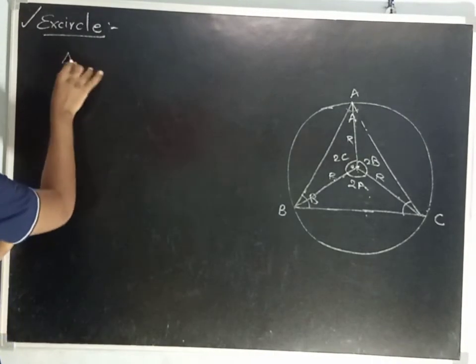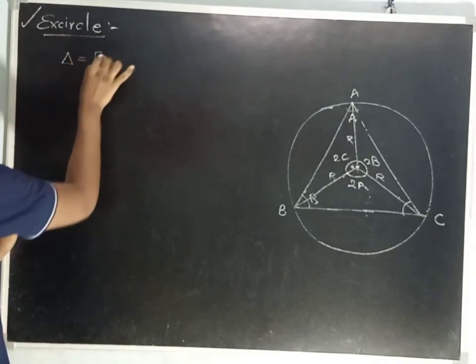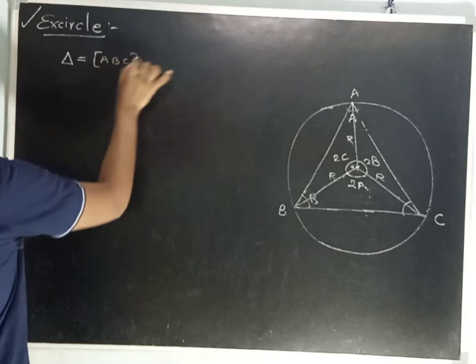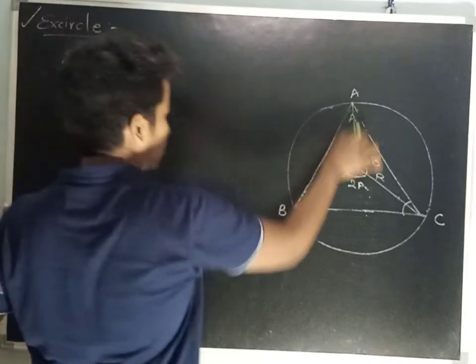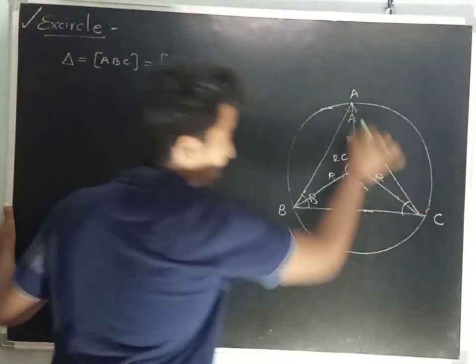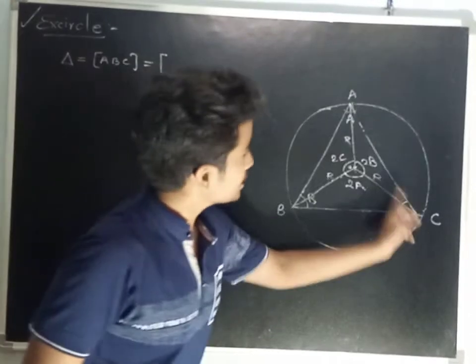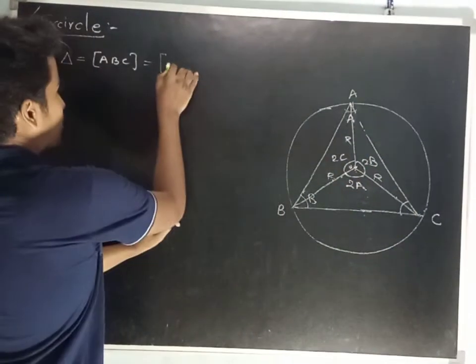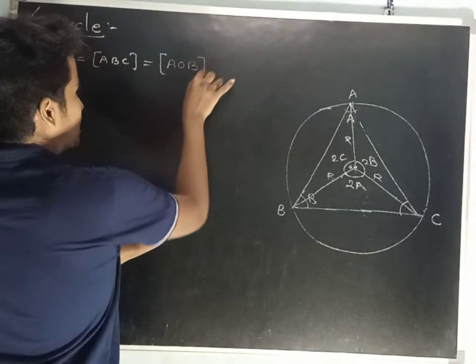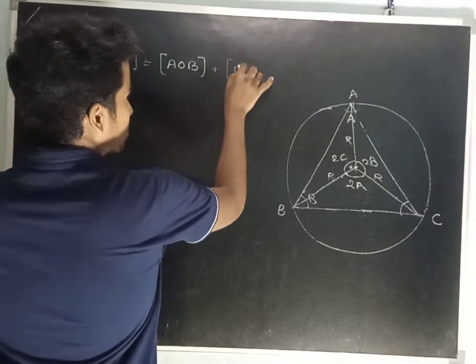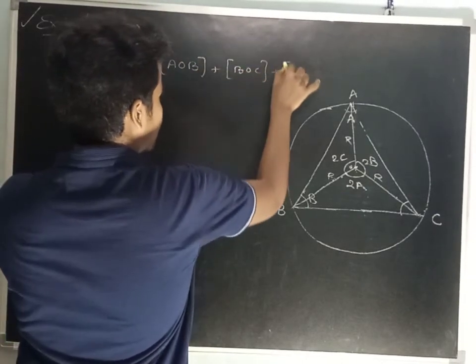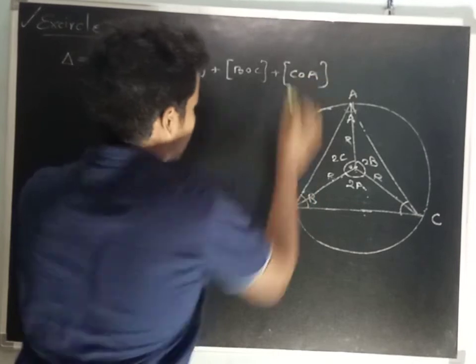Area of triangle ABC. This whole triangle is equal to the sum of the area of triangle AOB plus BOC plus COA.